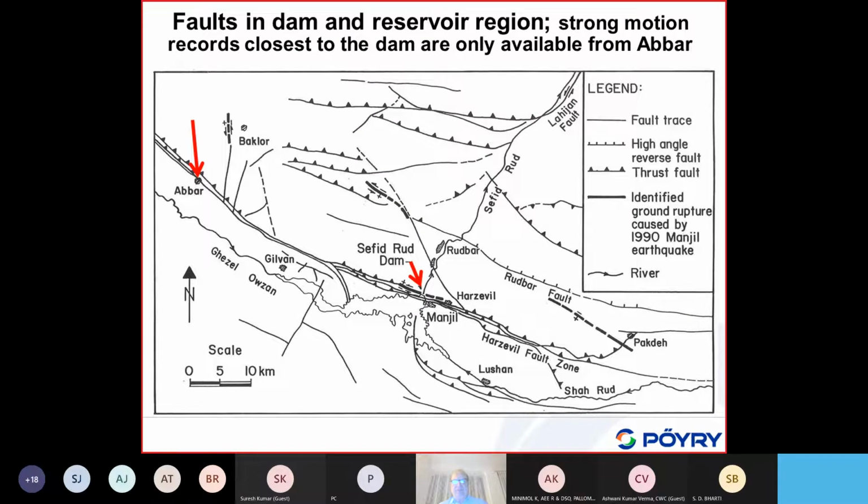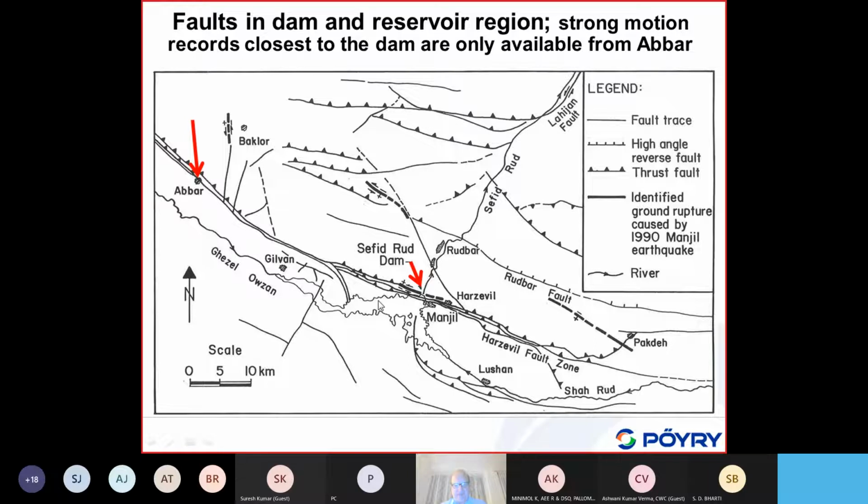Okay, this is a map of faults which are there, and we can see the Sefid Rud Dam. Okay, we see here the location of the Sefid Rud Dam, and in Iran you have some fault everywhere. There is a fault also close to this dam site.